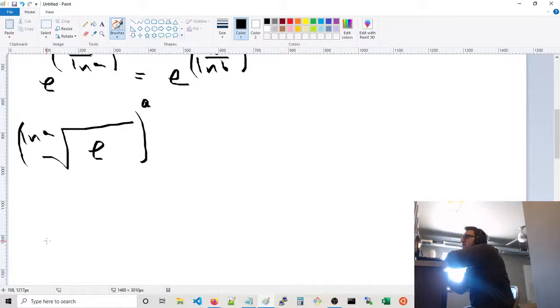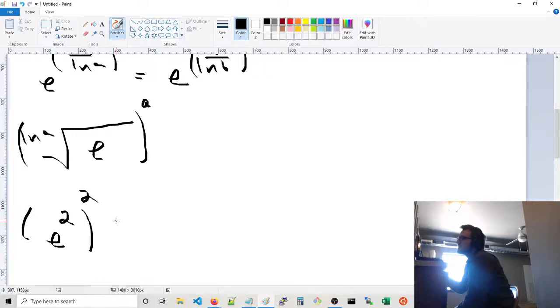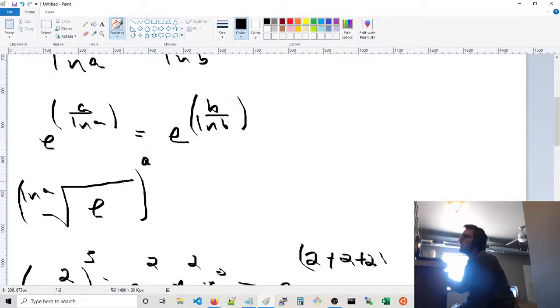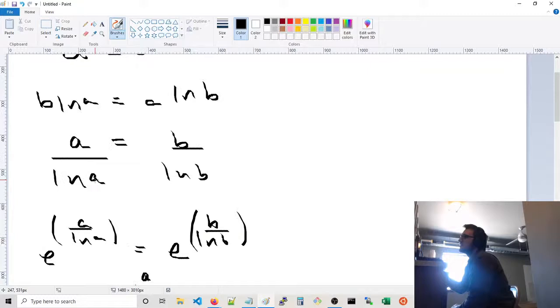If e squared raised to the third is equal to e squared times e squared times e squared, which is e to 2 plus 2 plus 2, which is e to 2 times 3. Yeah, okay, correct.